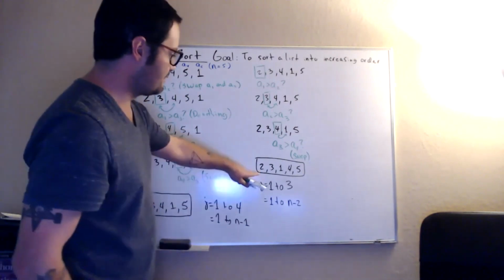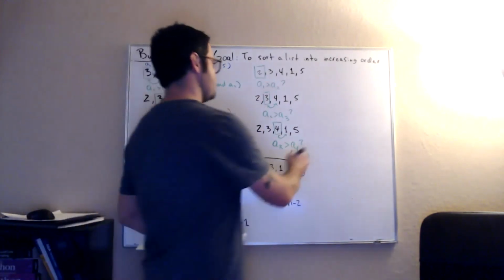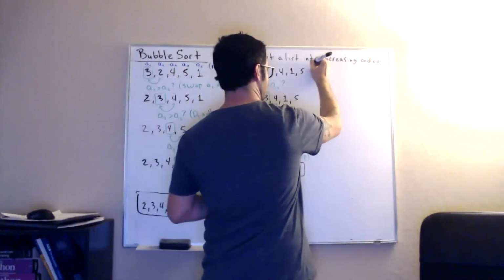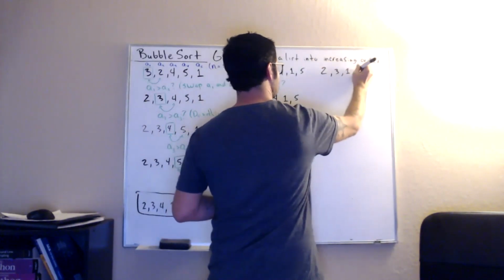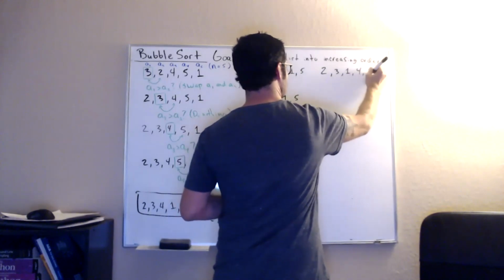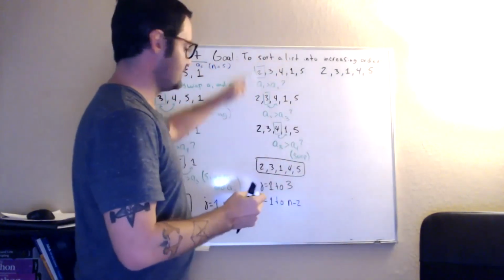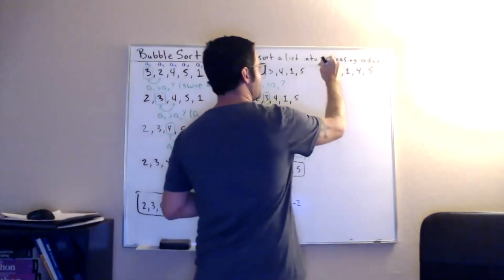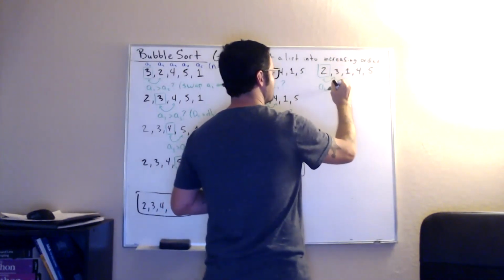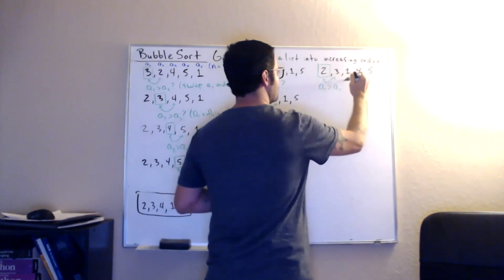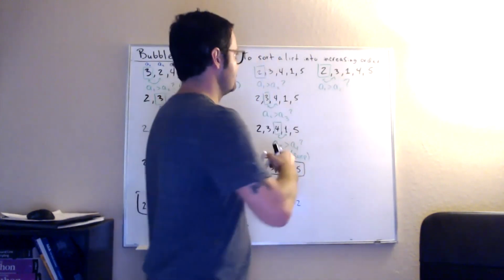Okay. But now we got to do this again, starting with this list. So 2, 3, 1, 4, 5. So we do the same process over again. So we compare A1 to A2. It's not bigger, so we don't do anything.